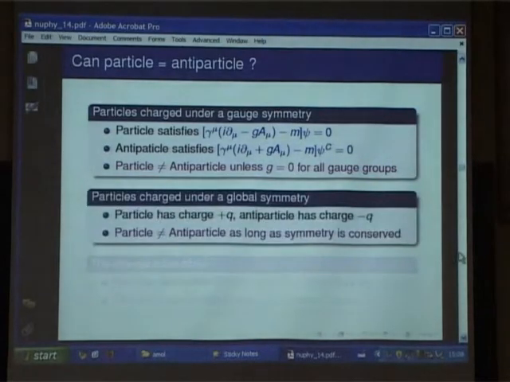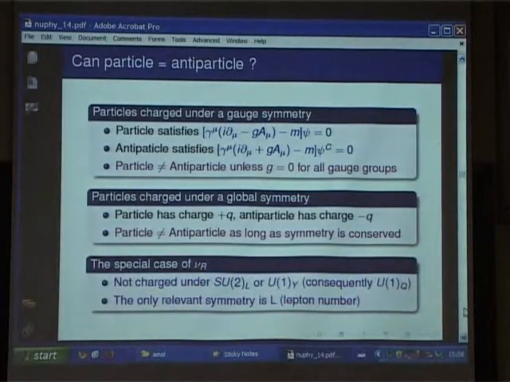Secondly, if a particle is charged under a global symmetry, like fermion number or lepton number, then if a particle has charge Q, the antiparticle has charge minus Q. So as long as the symmetry is conserved, a particle cannot be its own antiparticle. So two conditions are needed: one for gauge symmetry, one for global symmetry.